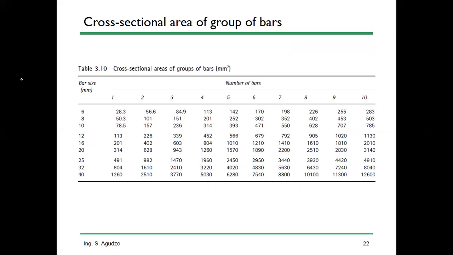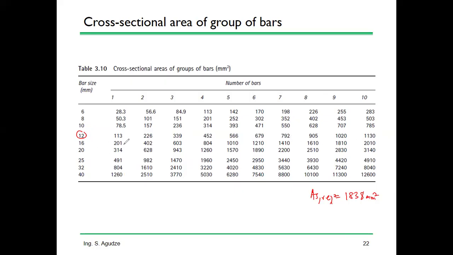Our AS required is equal to 1838 millimeters squared. Let's say I want to use 12 diameter, what would I need to choose? 12 diameter will even be more than 10 bars, which will not be a good decision.